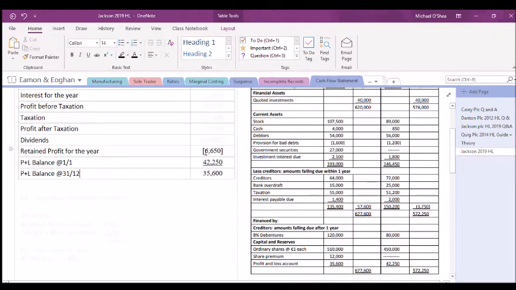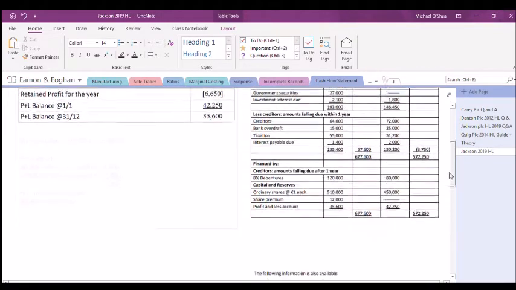So we see here minus 6,650. I would highly recommend you to work your way up, because you have to in order to get your figure, but also to look at this point and say, okay, does this make sense? Minus 6,000 plus 42 is equal to 35. Yes, it does.